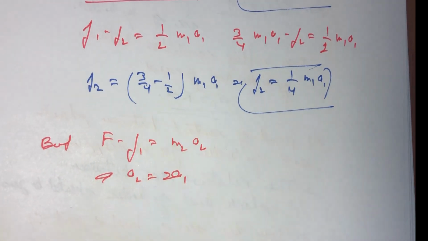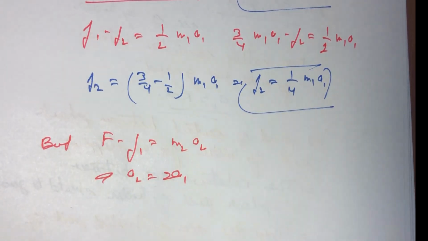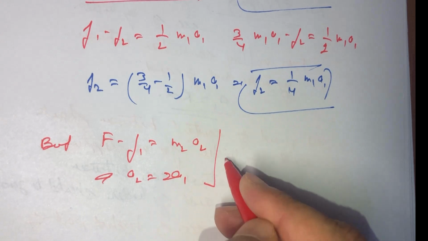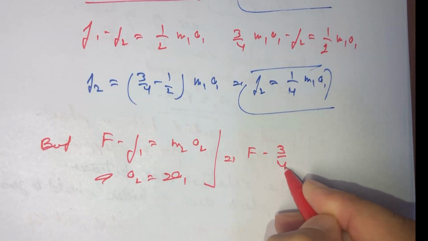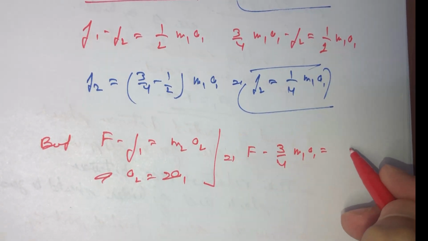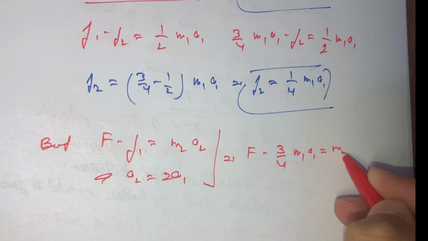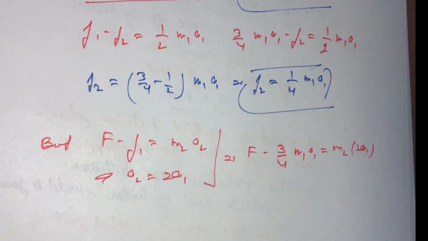So using all these relationships, we can say that F minus 3 by 4 m1a1 is equal to m2 times twice a1.